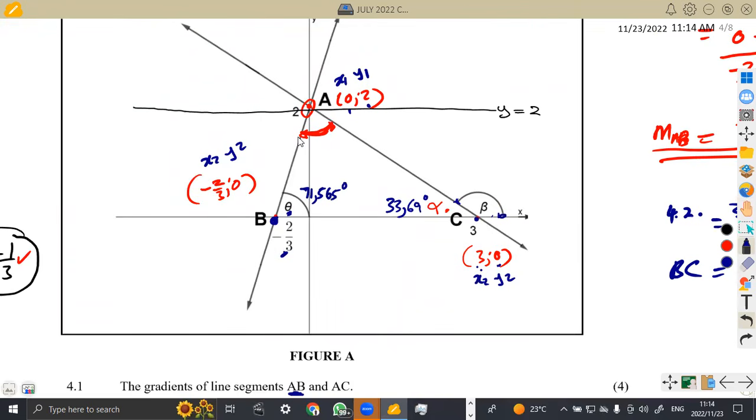Now you want to calculate BAC, knowing that angles in a triangle add up to 180 degrees. So you subtract these two angles from 180 degrees.